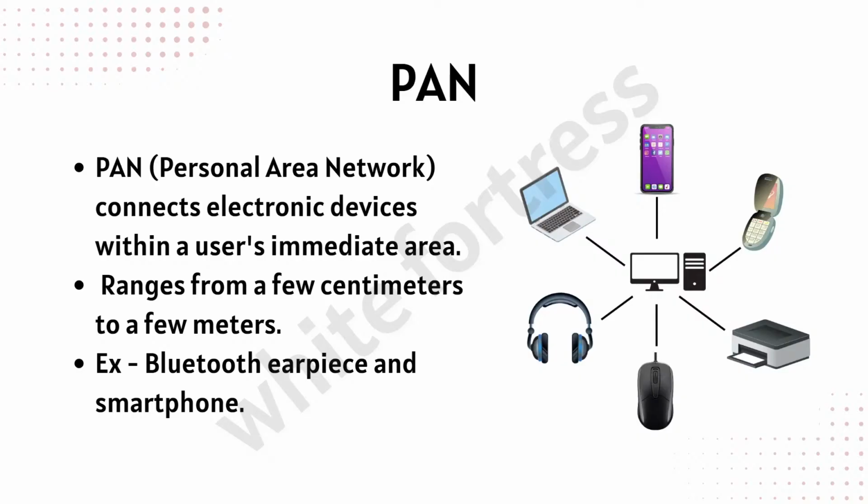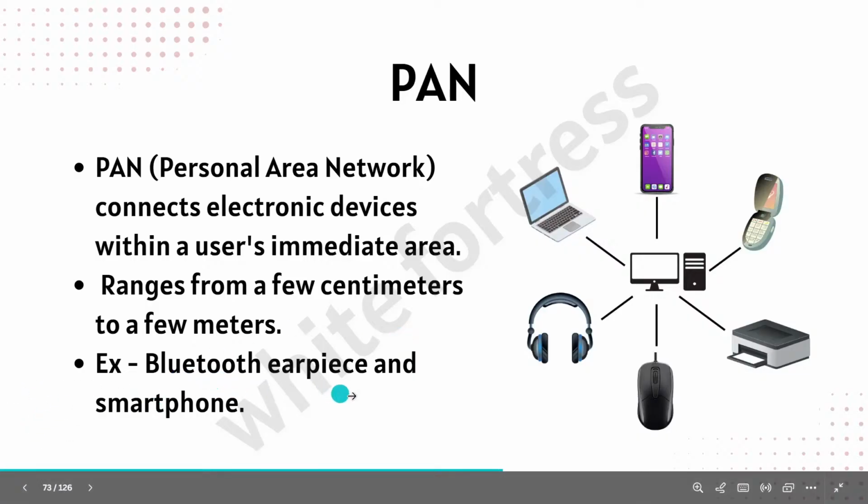Okay, things like that. So it ranges from a few centimeters to a few meters. If I want to connect Bluetooth to my PC, I cannot take it very far away, right? If I want to keep it connected, I'll have to stay in range from a few centimeters to a few meters. Otherwise, it will not work.